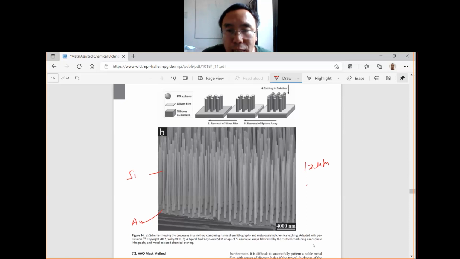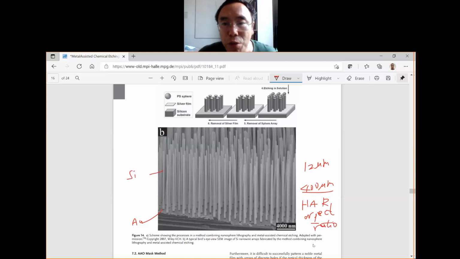I see people can etch like 400 micrometers. They use this method to etch 400 micrometers, a very, very high aspect ratio silicon structure. As I said, this is really a very nice and popular etching method.